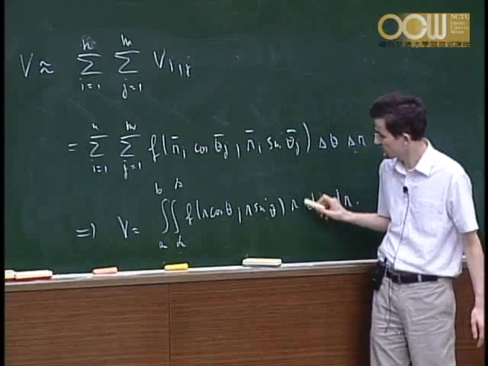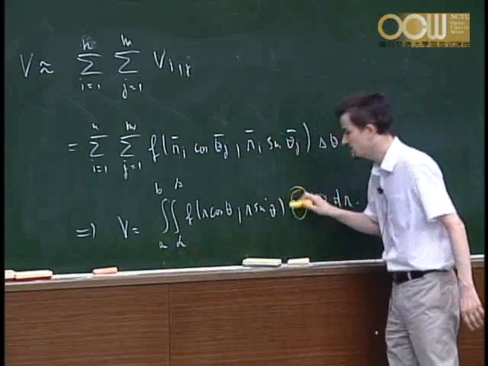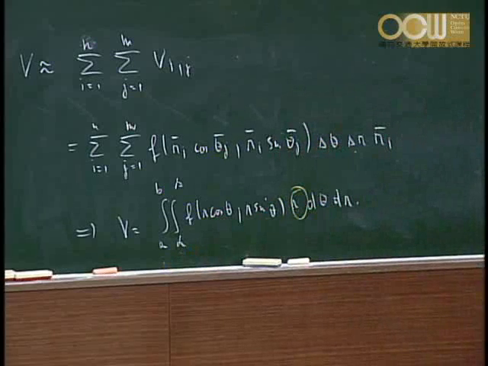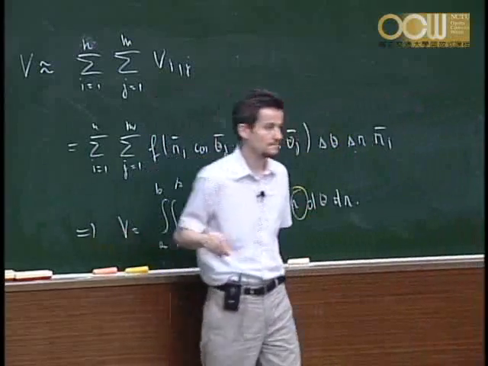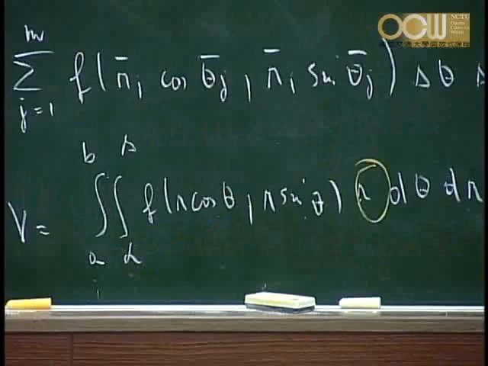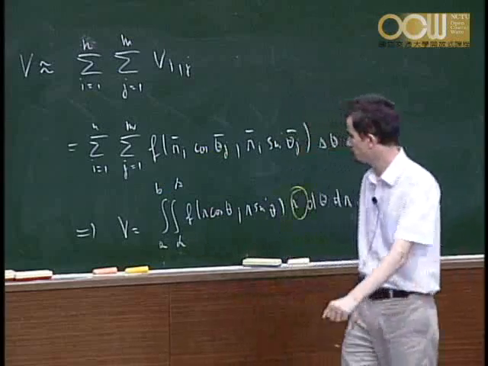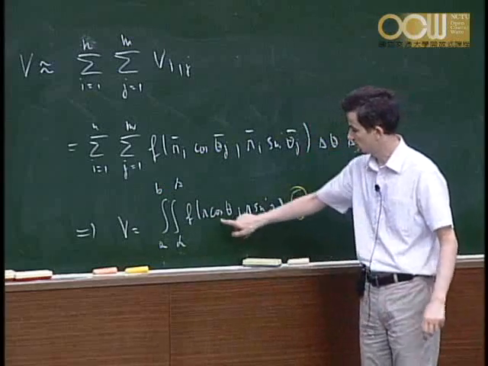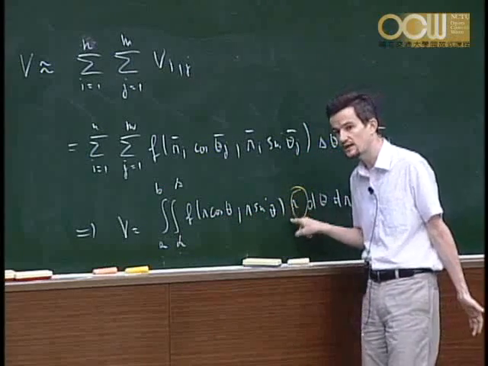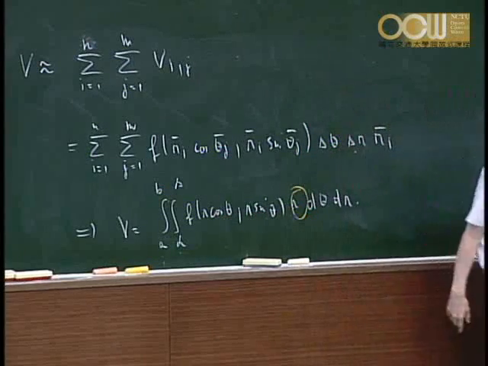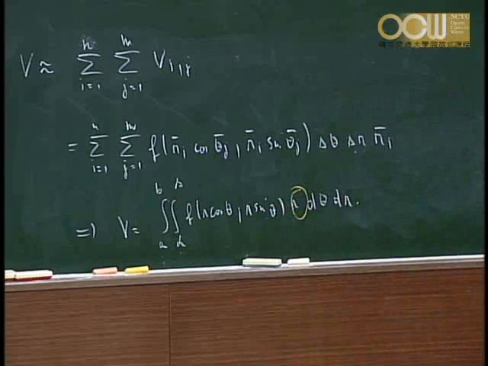And don't forget about this here, and you have an r here, d theta times dr. Okay, so when changing to polar coordinates, once more, I have to change the region, and I have to plug in for x and y the equations for the polar coordinates, and I have to multiply here with an r, and that's the way I can change from Cartesian coordinates to polar coordinates.